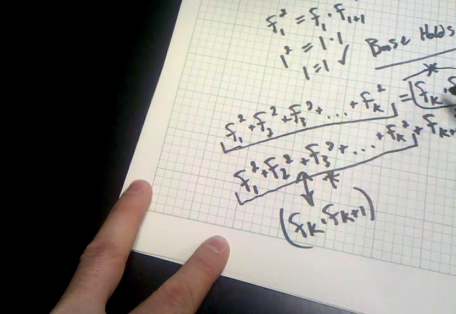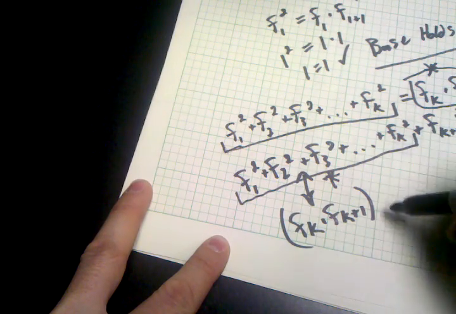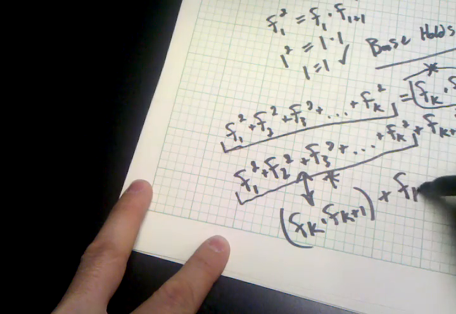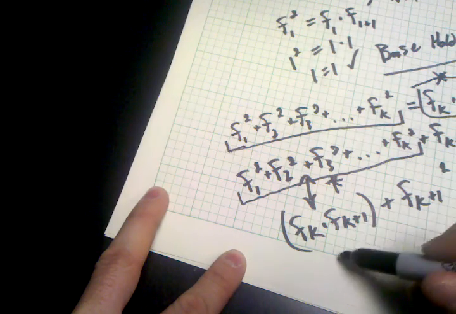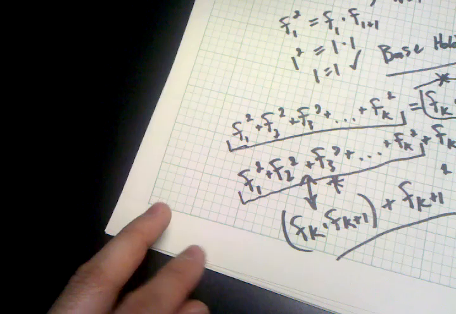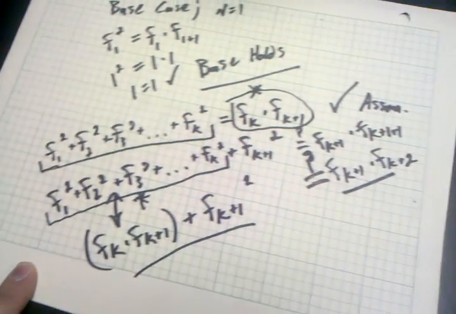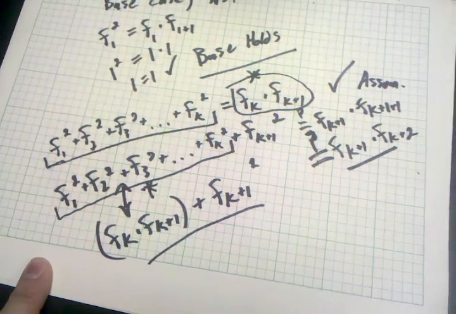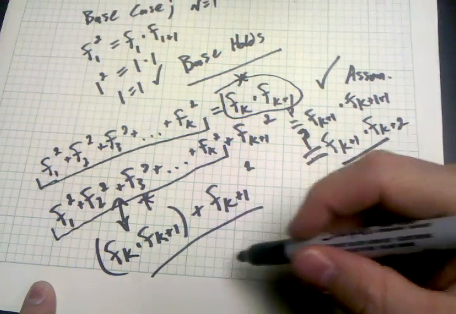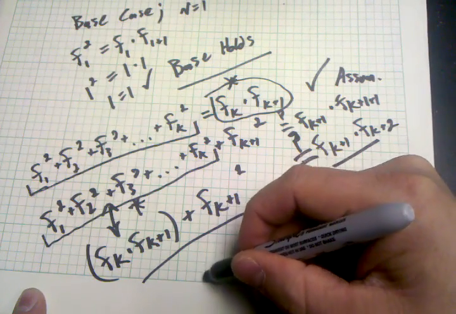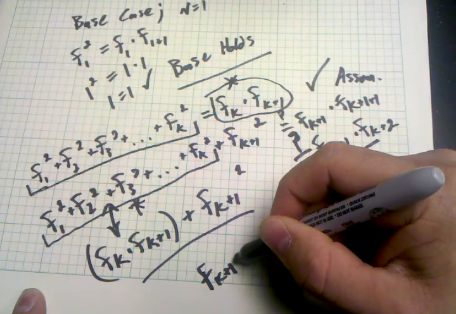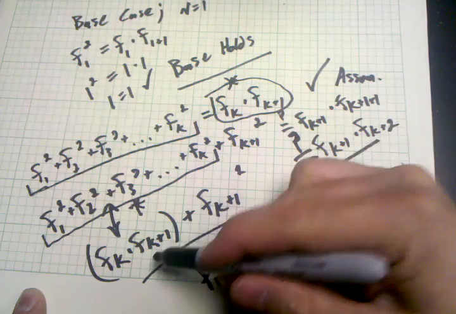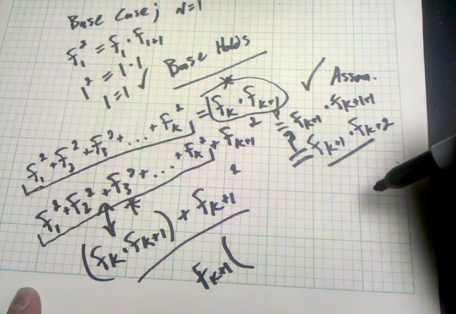So I've substituted that in here. Now what's left on the left side? Add f sub k plus 1 quantity squared. And is that or is that not equal to this stuff? Well, if I start my mathematical manipulation here, I can check what happens if I factor out an f sub k plus 1. What's that going to leave me? Factoring f sub k plus 1 out of this side, what's left?